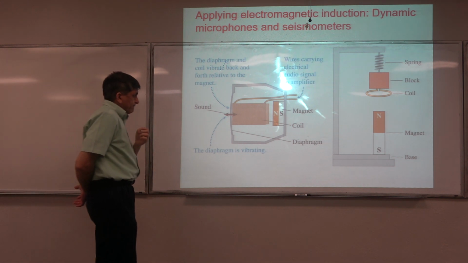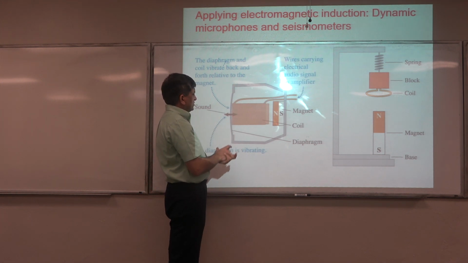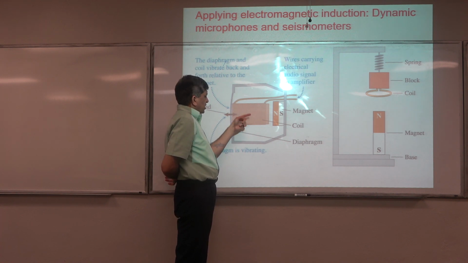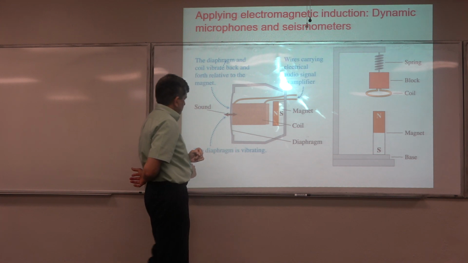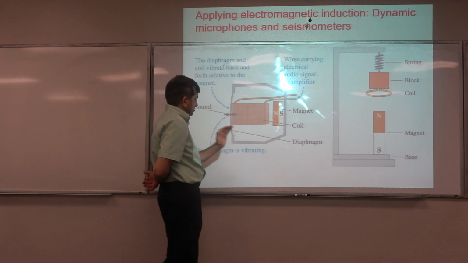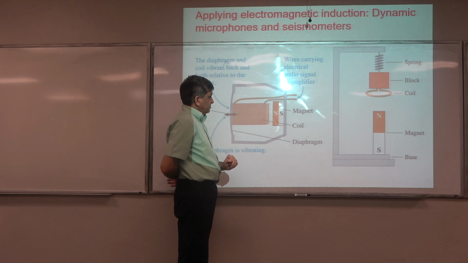How? Here it is. This is the fancy looking microphone. All it has is a conducting coil on a diaphragm which will be vibrating, and then there is a magnet over here at the end.